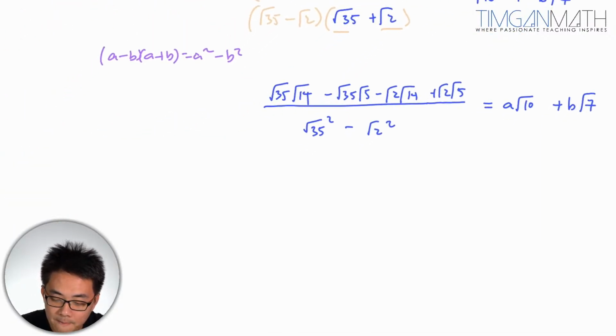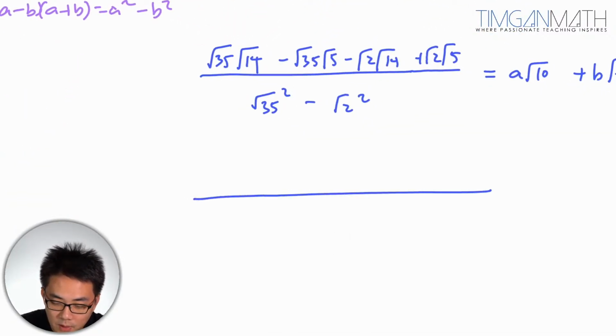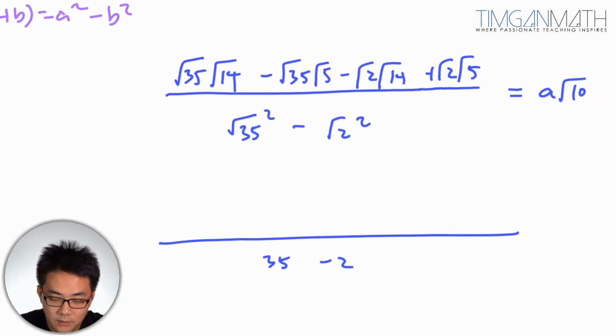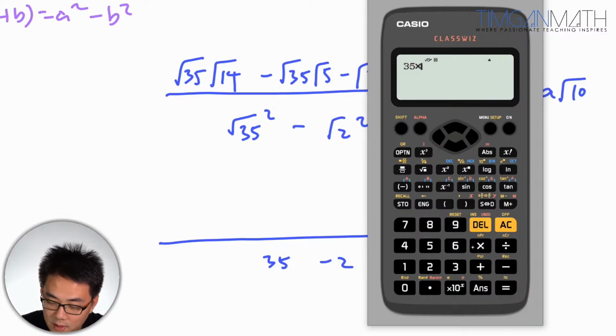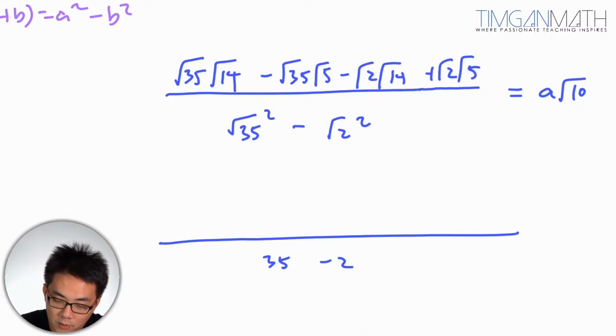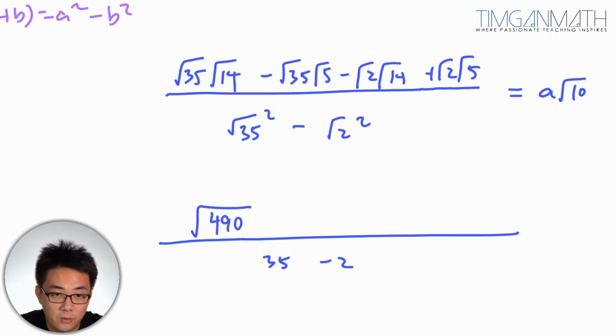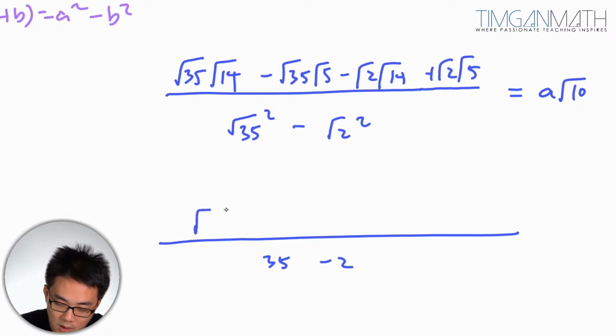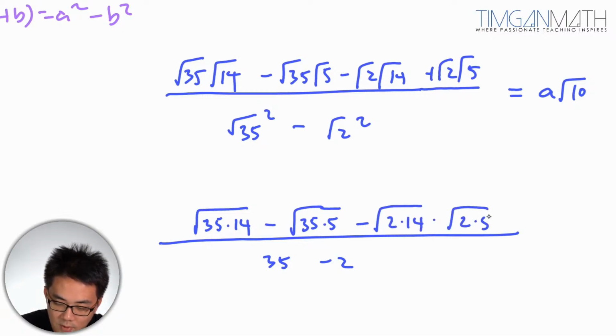So the denominator here is 35 minus 2. For the numerator, 35 times 14 will be root 490, so this is 35 times 14, right? Minus 35 times 5, minus 2 times 14, minus 2 times 5.